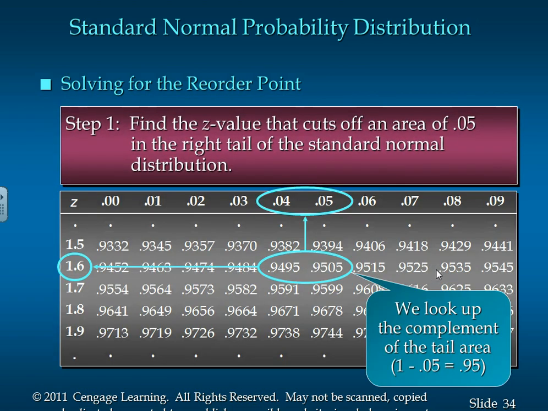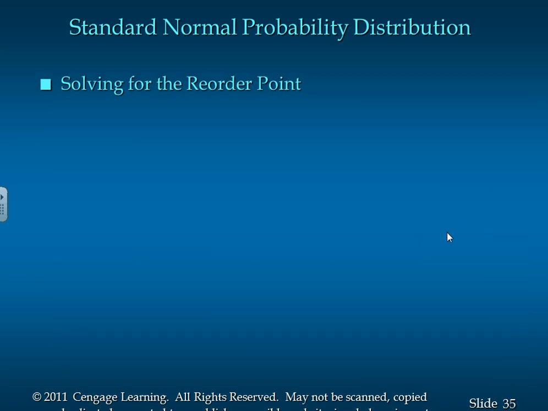Okay, there I'm back in my chart. And 0.95 is someplace between there, so we'll call it 1.645, halfway in between. So we found it.